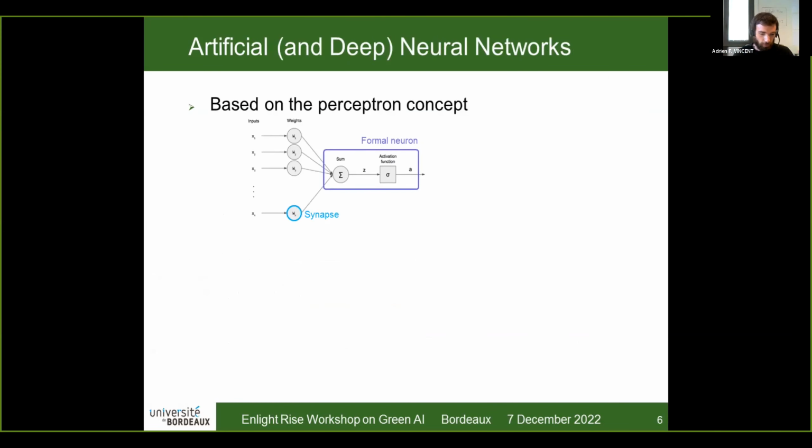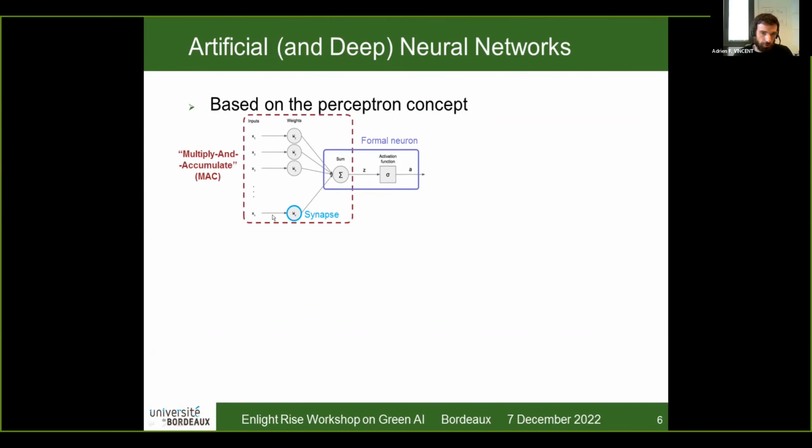So just to dive a bit more into how an artificial neural network or deep neural network is built. They are based on what's called the perceptron concept, which uses a formal definition of a biological neuron, where basically what a neuron does is that it accumulates the inputs it is fed with, and it will apply an activation function to that sum.